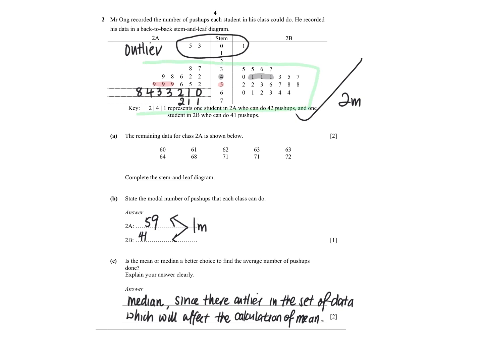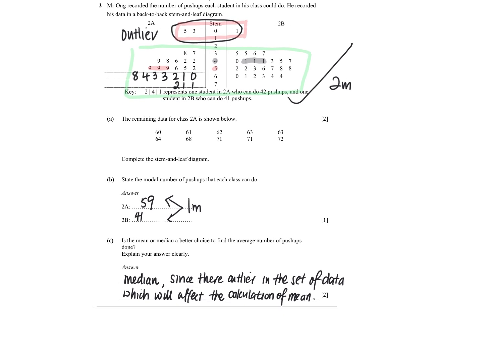And having a data that is this small will cause your mean to be lesser than what it should be. So some of you wrote that it will affect your mean by making it bigger. That's not right. Okay, so if you want to tell me more, make sure what you tell me is correct. Then I can give you the full credit. Okay, so I need to see median and because of outlier.